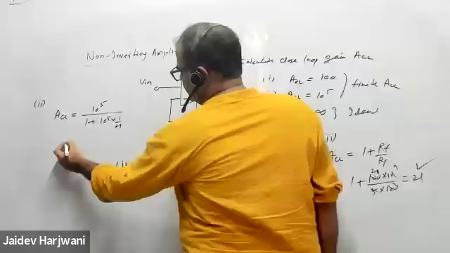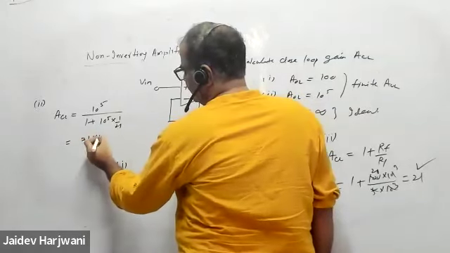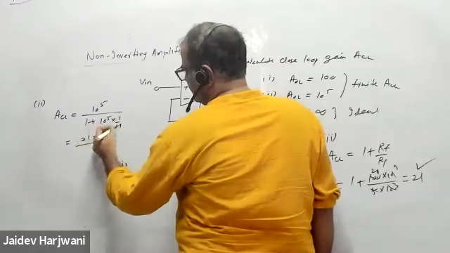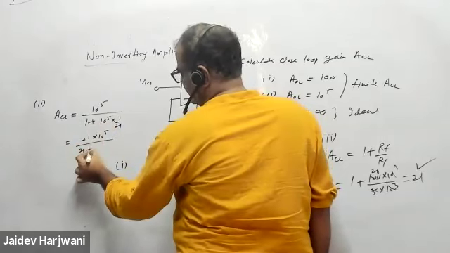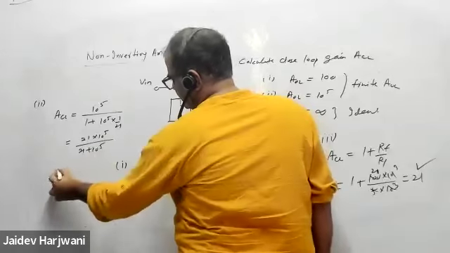And now what will this become? 21 into 10 raised to power 5 upon 21 plus 10 raised to power 5.